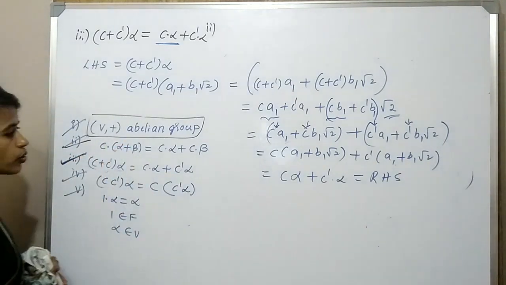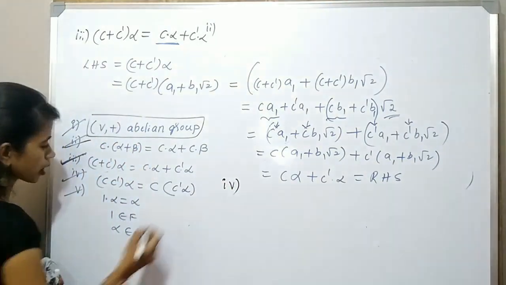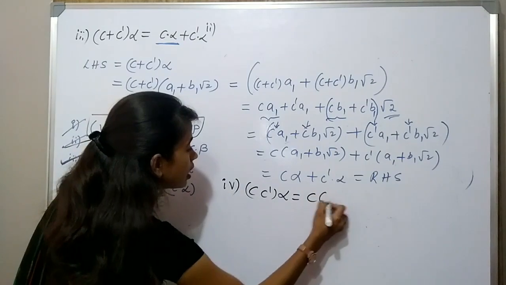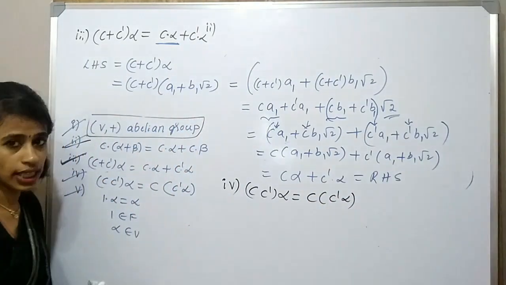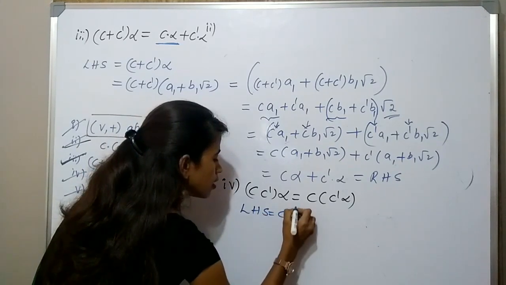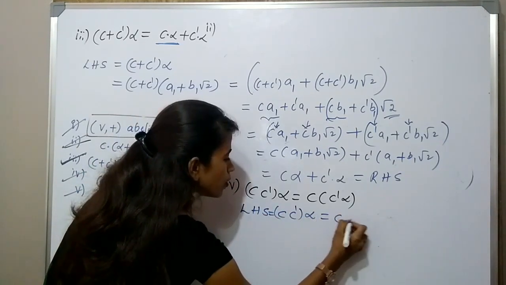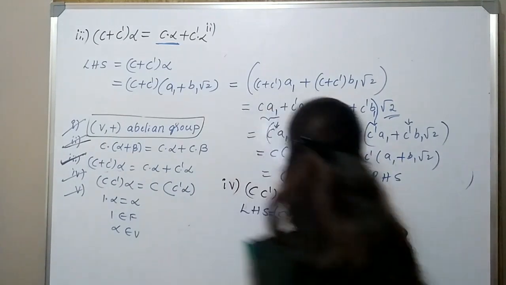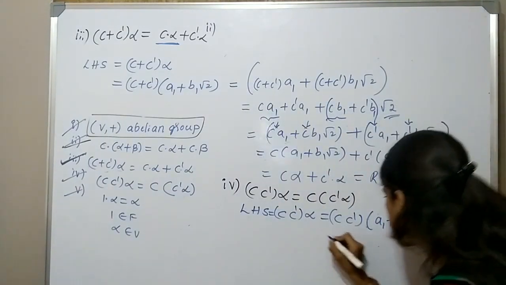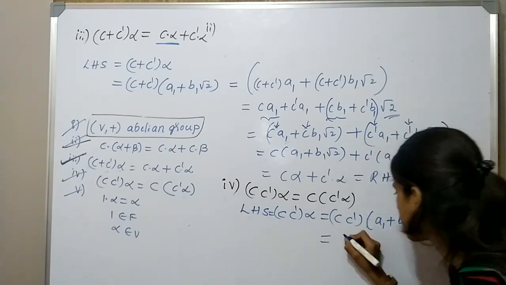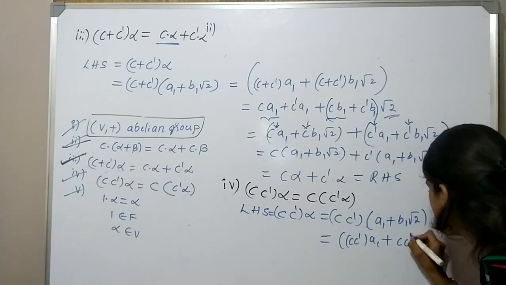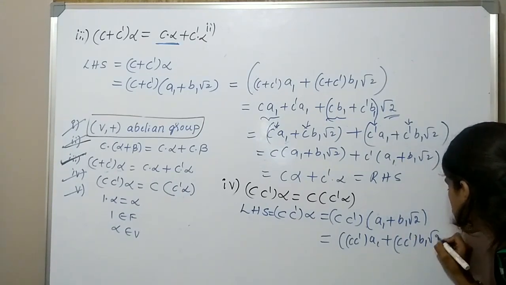Next, what about the fourth? Here I am taking the fourth condition, c dash into alpha, which is equal to c into c dash alpha. For that, consider LHS, c dash into alpha. Alpha is a1 plus b1 root 2. So c dash within the bracket, c dash into a1 plus c dash into b1 root 2.